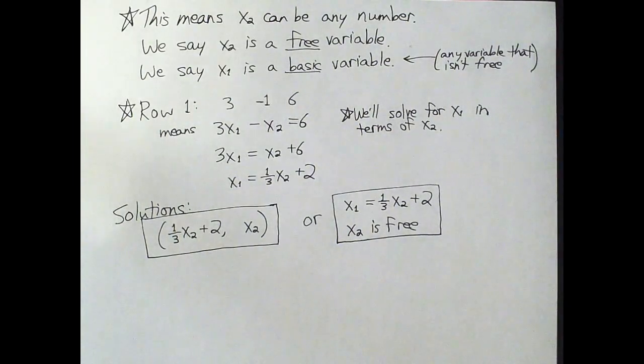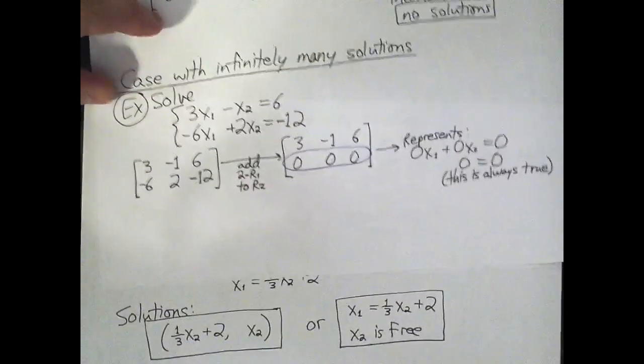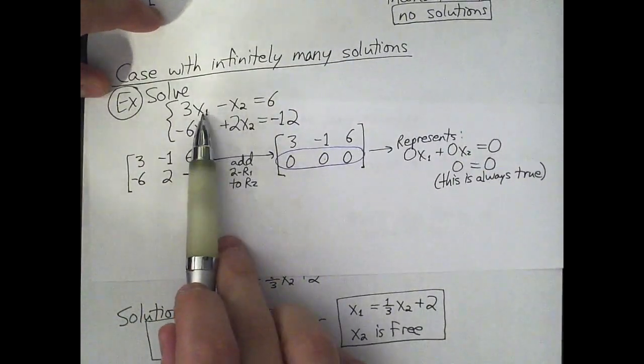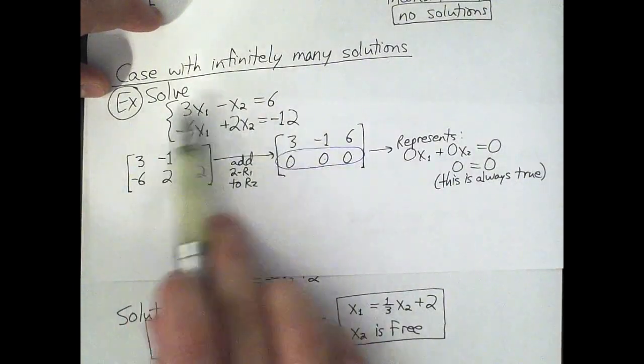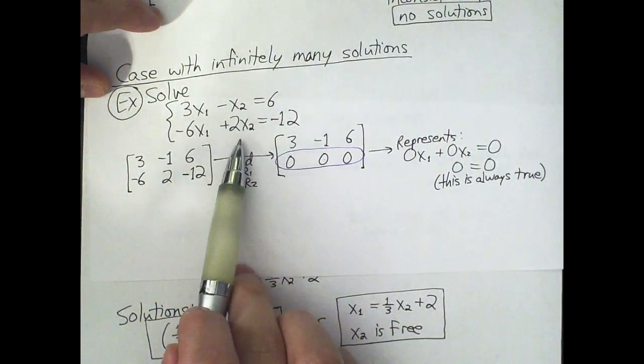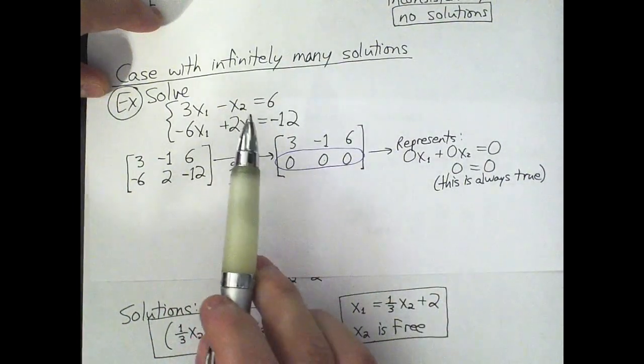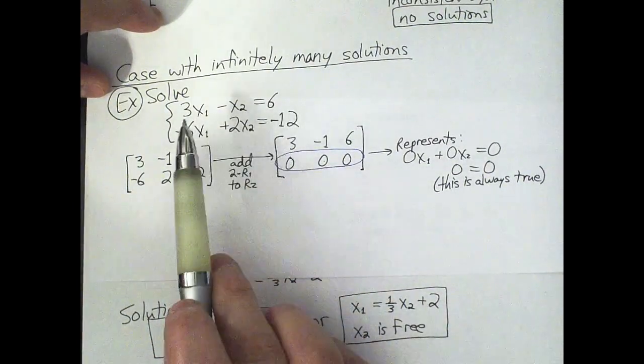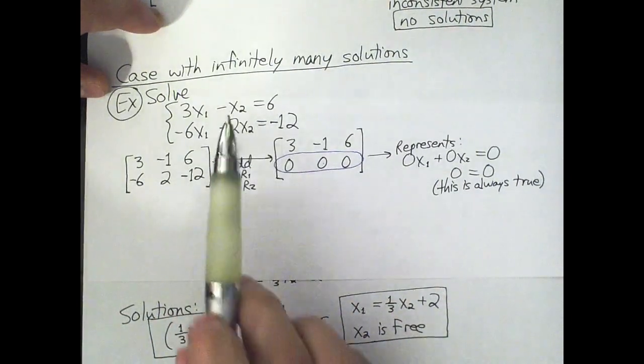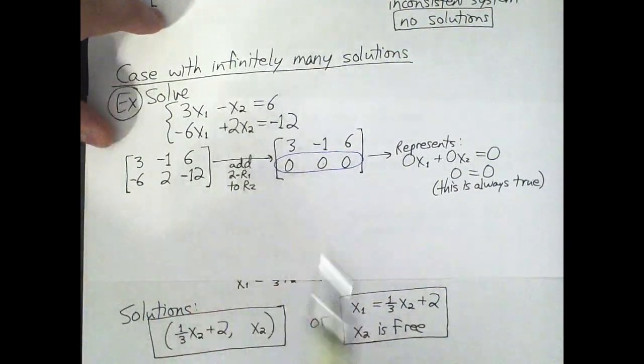That doesn't necessarily mean that every point in the xy plane solves this system. Let me be clear about this. If you just picked a random x1 and a random x2, it probably would not solve this system. If I try 5 comma 7, or 10 comma 100, chances are if I pick random numbers, it's probably not going to work.